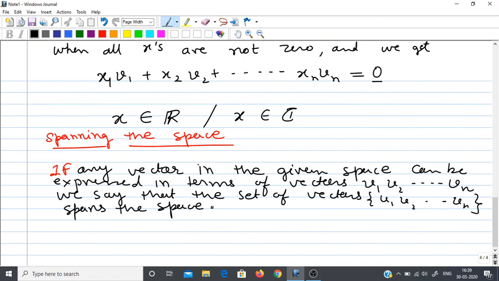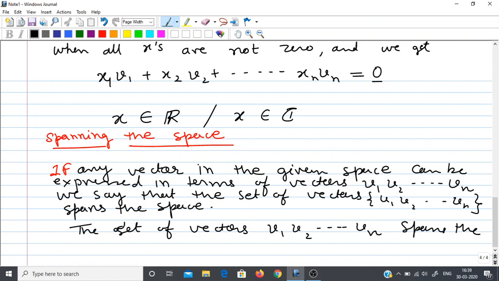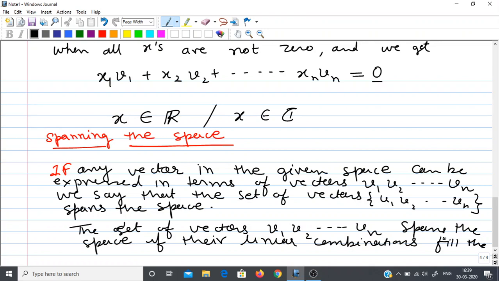Or in other words, we can say the set of vectors v1, v2 and so on vn spans the space if their linear combinations fill the whole space.